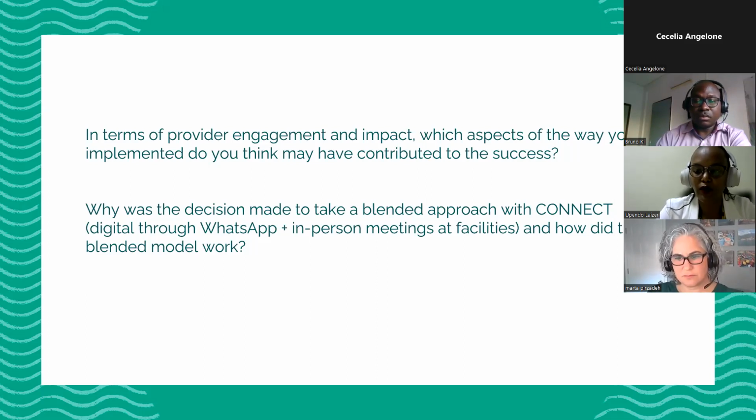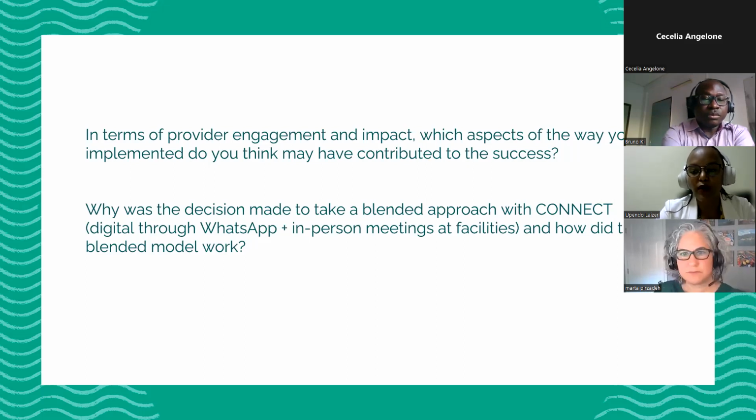The blended model was a combination of both digital and in-person Connect, where Digital Connect evolved to become a forum moderated by positive deviants, where providers primarily shared their experiences and dilemmas and could problem solve together.